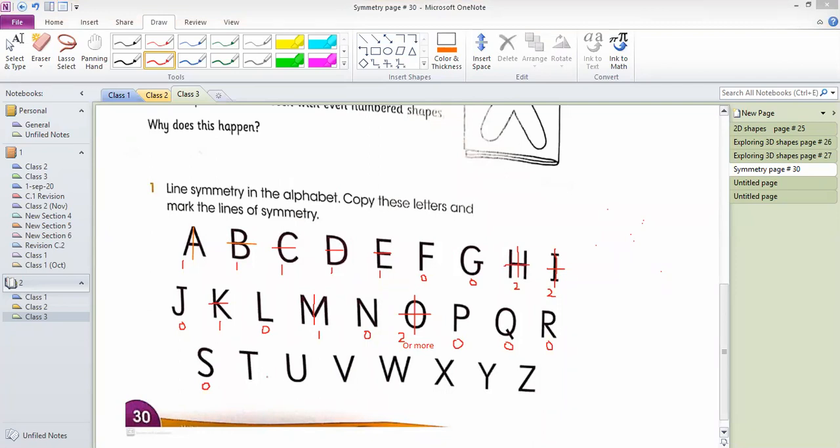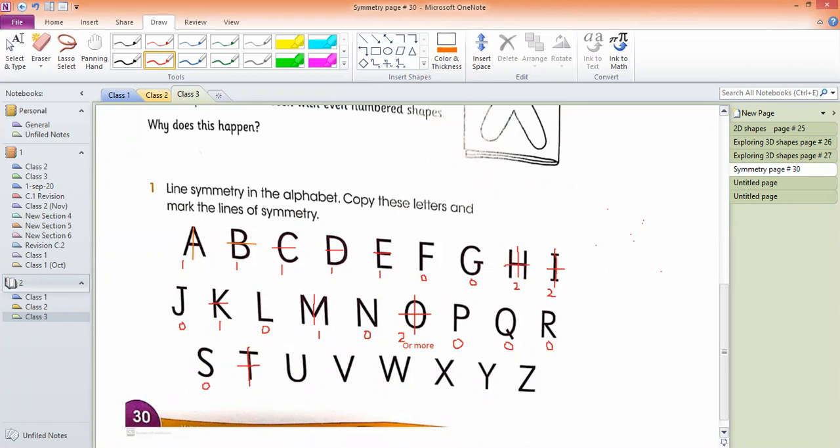Look, only one line of symmetry T is having, that is vertical. If you draw a line from its middle, you can see that both parts are exactly same to each other. So that means there is vertical symmetry. But if you draw it horizontally, this part is different than the bottom one because there is no line like this on the bottom.